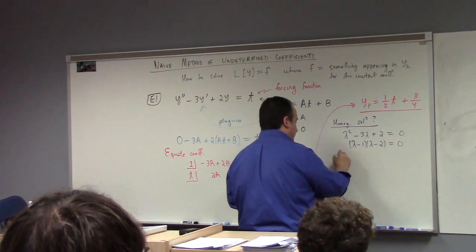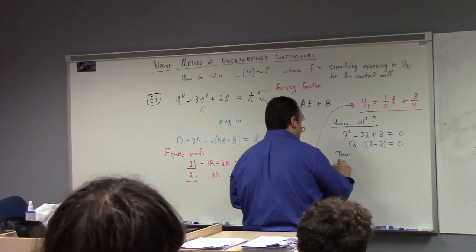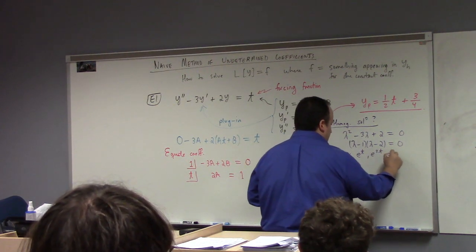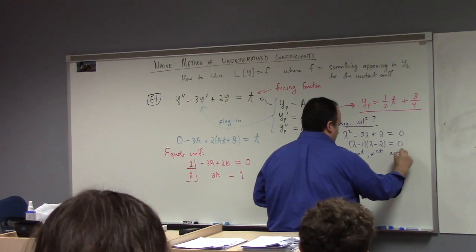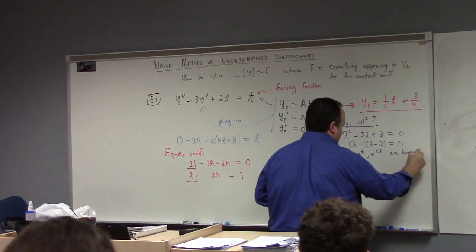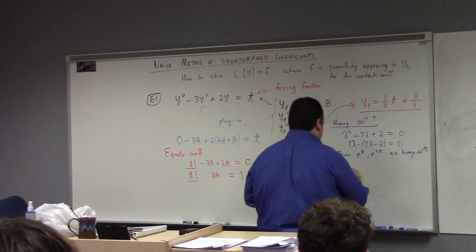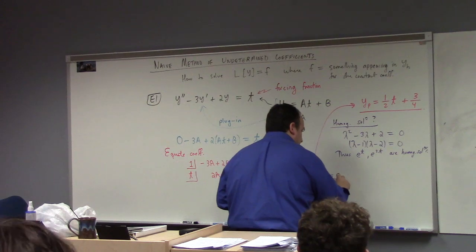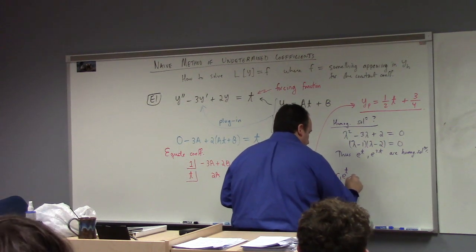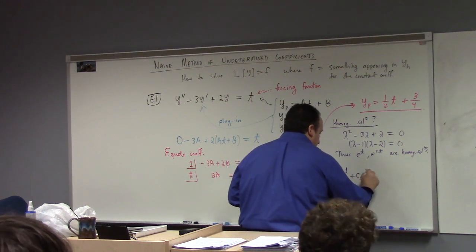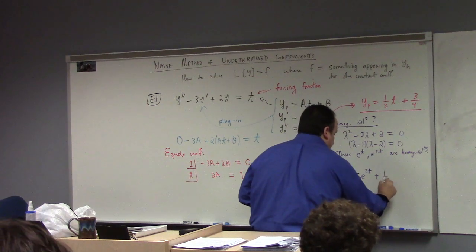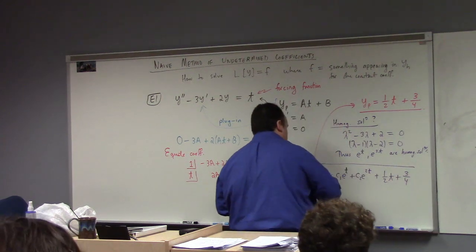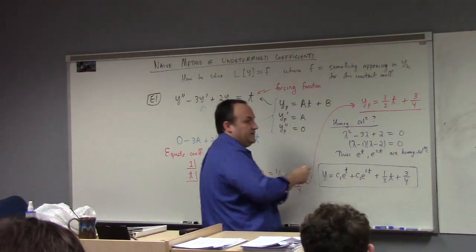So e to the t and e to the 2t are homogeneous solutions. And so consequently, the general solution has the following form: y equals C1 e to the t plus C2 e to the 2t plus 1/2 t plus 3/4. And there you go. Solved. This is the general solution.